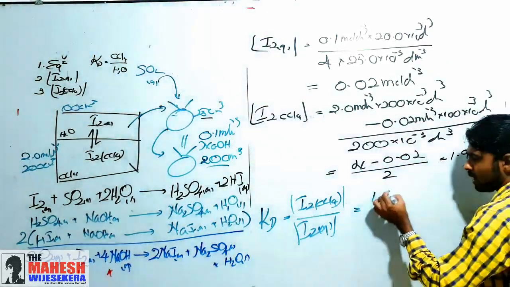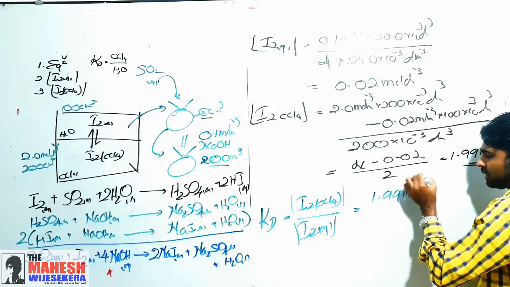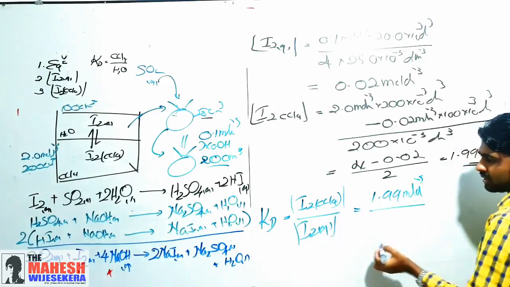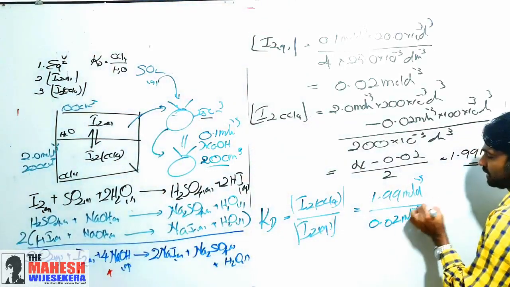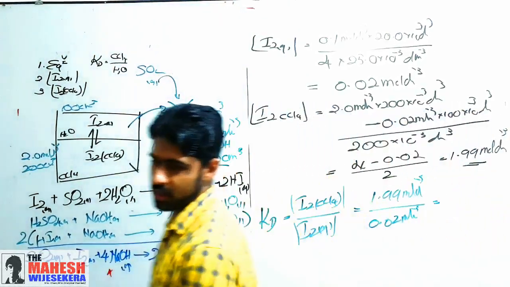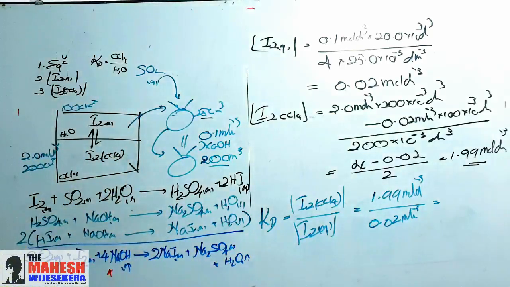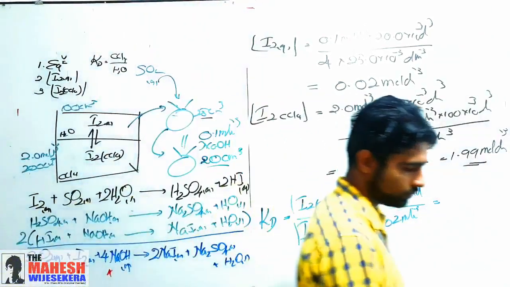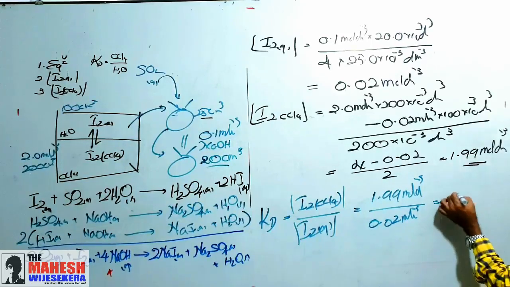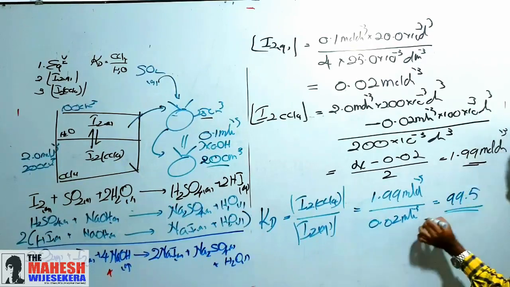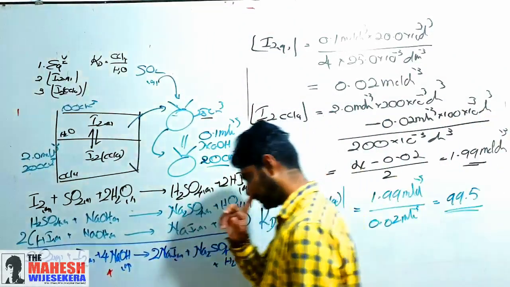That is 1.99 moles per cubic decimeter divided by the aqueous layer, 0.02 moles per cubic decimeter. Almost like 100, about 99.5.